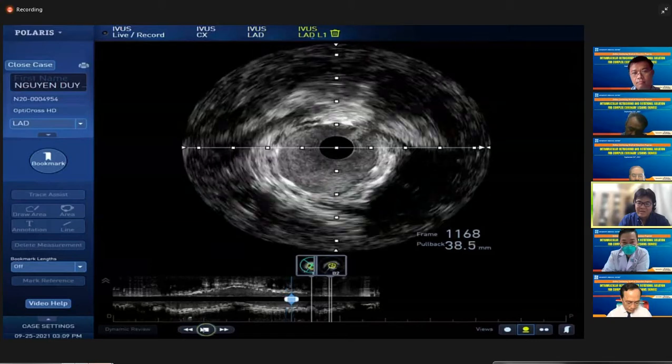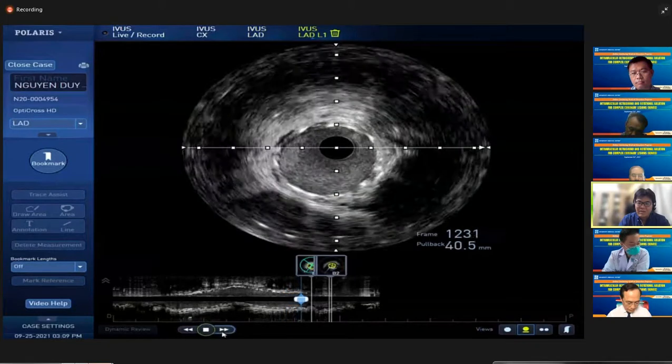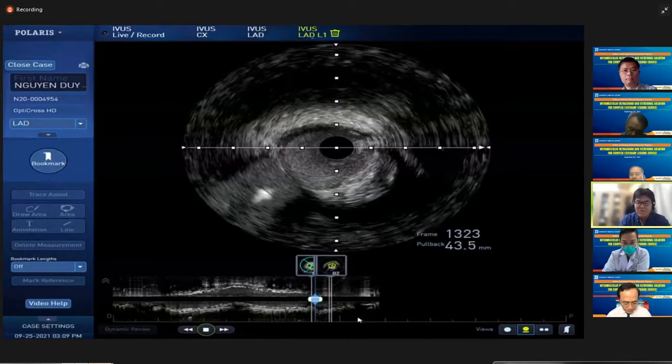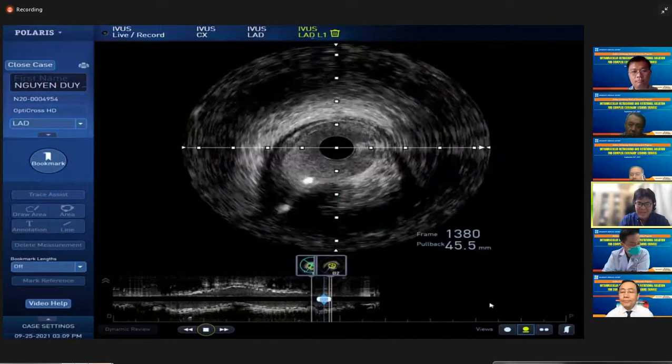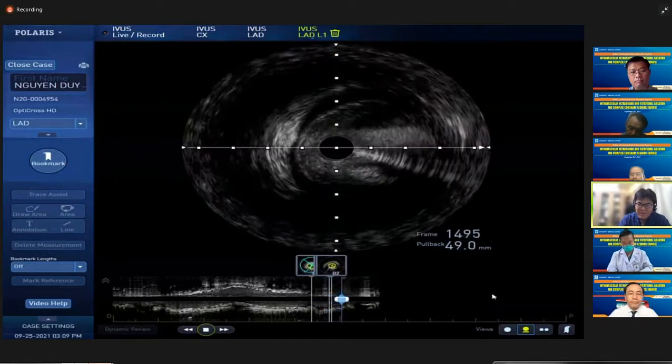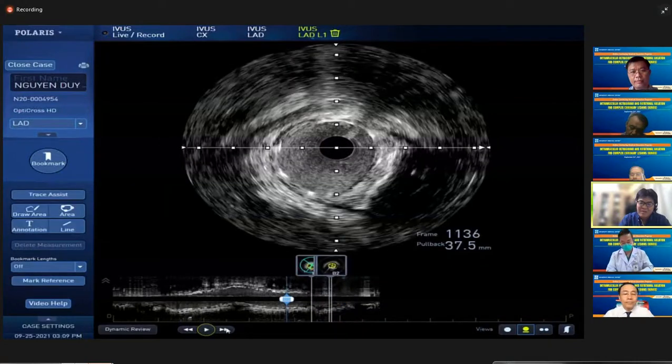As I already delivered in my lecture today, we should always consider three components. So this is the circumflex. A little bit back.